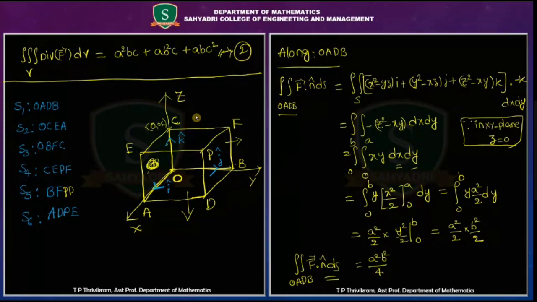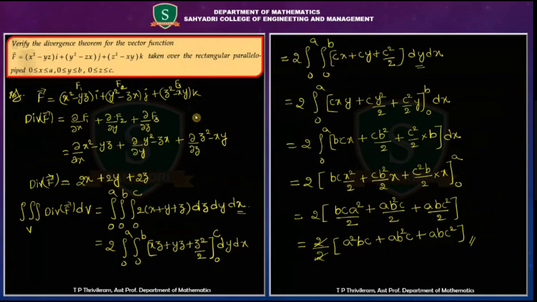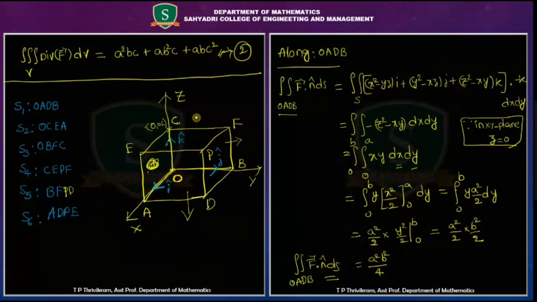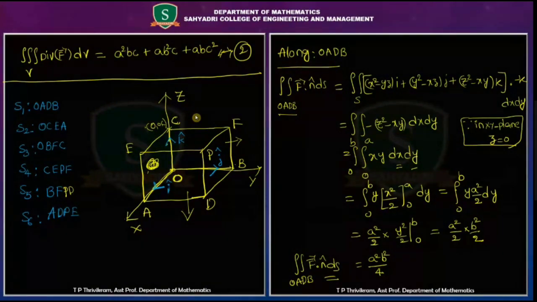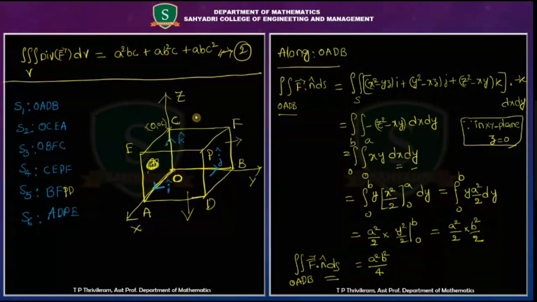First you find the divergence and find the value of the triple integral 0 to 1, 0 to 1, 0 to 1. Next, go for each surface. Total 6 surfaces will be there.